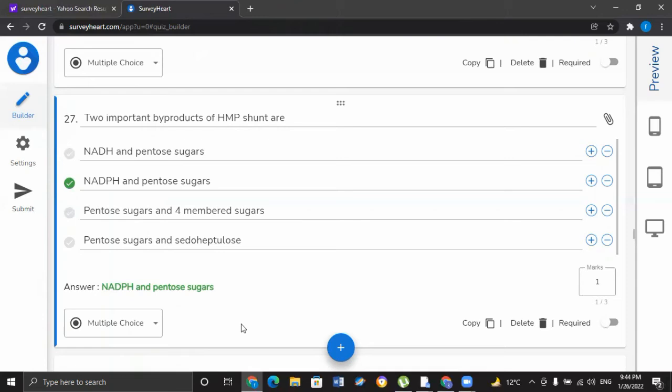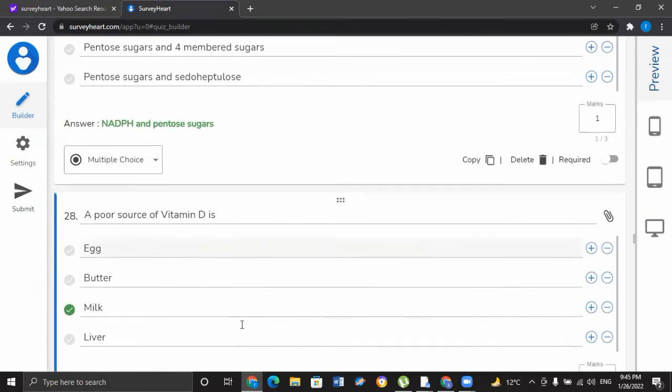The sugars produced here are used as different structural components. NADPH is used as a reduction potential. So HMP shunt is the process in which glucose is being converted into ribose sugars along with NADPH. So the correct option for MCQ number 27 is B, NADPH and pentose sugars.